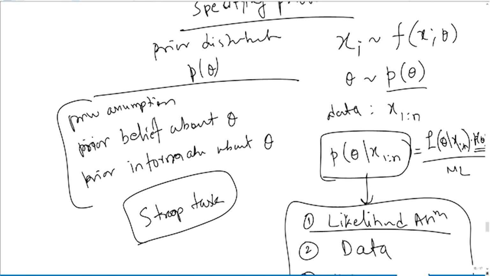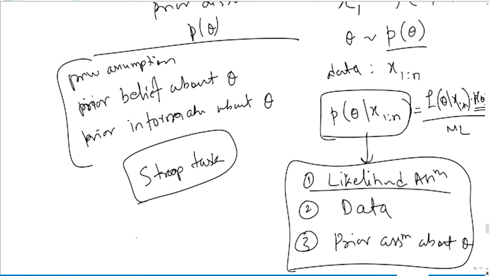Historically, the Stroop task has been done multiple times. Okay, so you have a huge lot of prior data on the same task, right? So, that means you already would have some information about the parameters in your model.